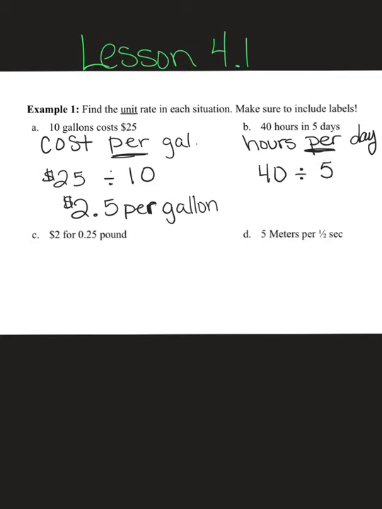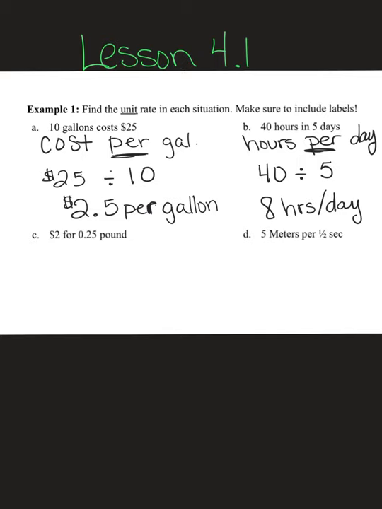So 40 divided by 5 is 8. And what did we find? Hours per day. So our label is hours per day. And now this slash here represents per when we're writing out our label.